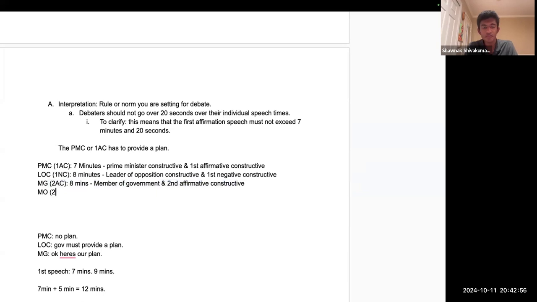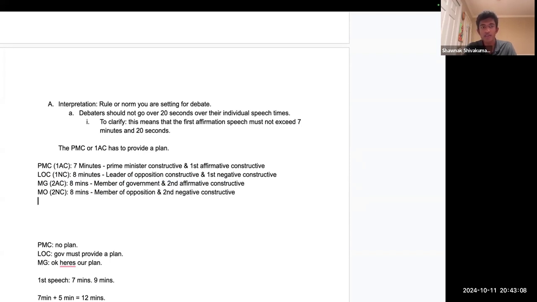The 2NC, 8 minutes, is the member of opposition and second negative constructive. Then the LOR or the 1NR, which is 4 minutes, which is the leader of opposition rebuttal and first negative rebuttal.